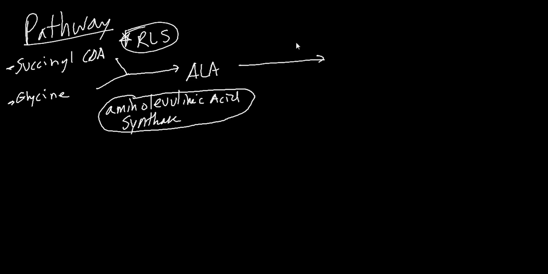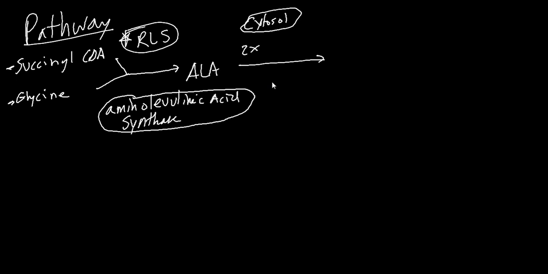Next, we're going to combine two molecules of ALA. So we'll take two molecules of ALA. We're going to move them to the cytosol, so we're going to move it outside of the mitochondria. And what we're going to do is we're going to need an enzyme. This enzyme has multiple names.